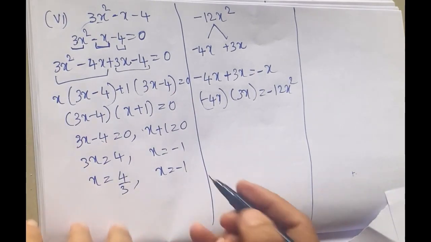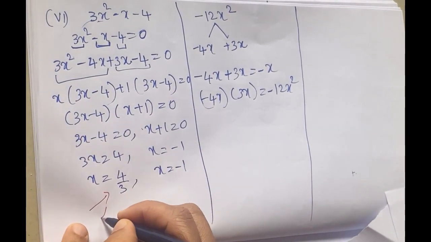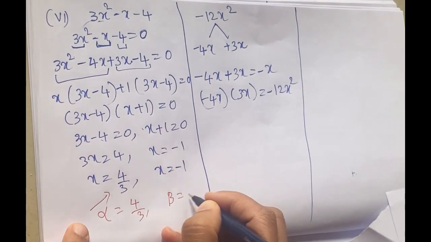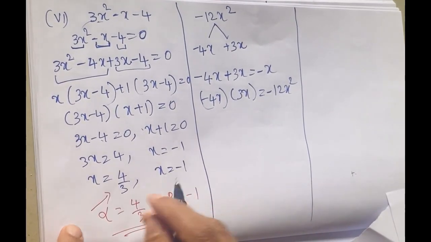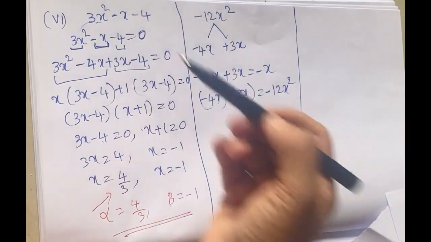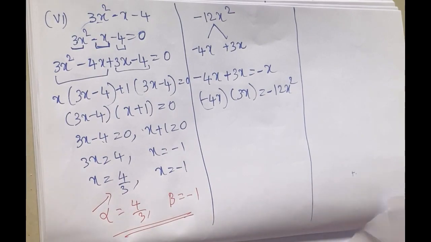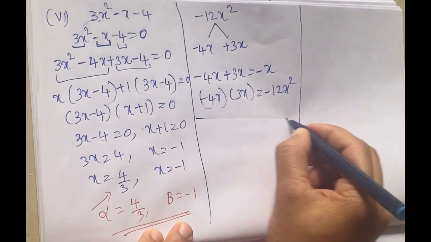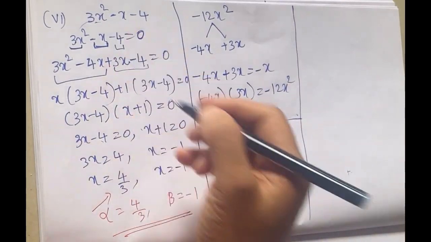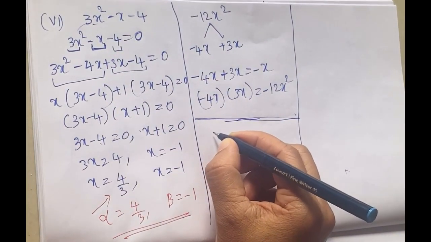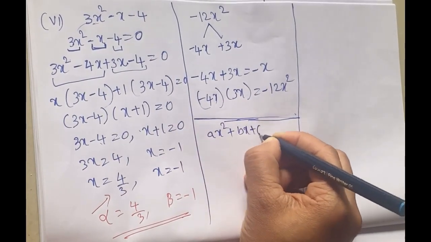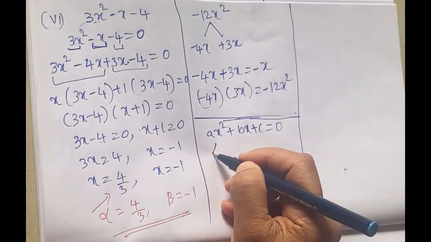I'll take alpha as this one. Alpha is equal to 4 by 3 and beta is equal to minus 1. These two are the zeros of the polynomial 3x square minus x minus 4. Next we need to find the relationship between alpha, beta and the coefficients a, b, c. If it is ax square plus bx plus c is 0, then what is the relationship?